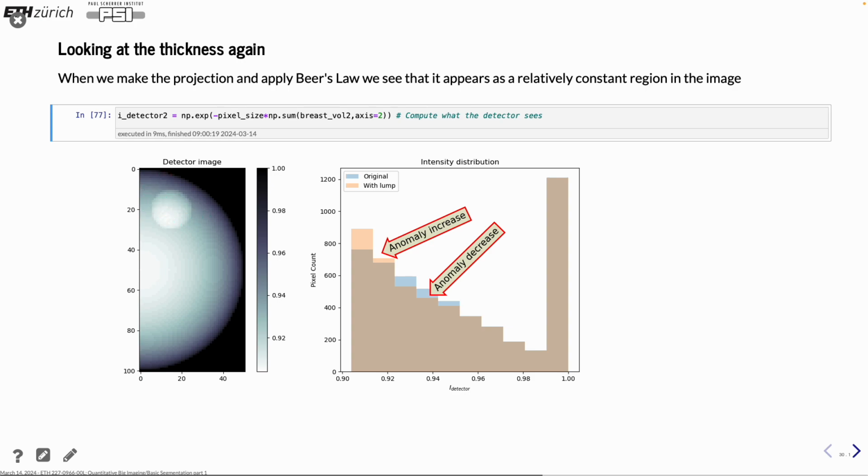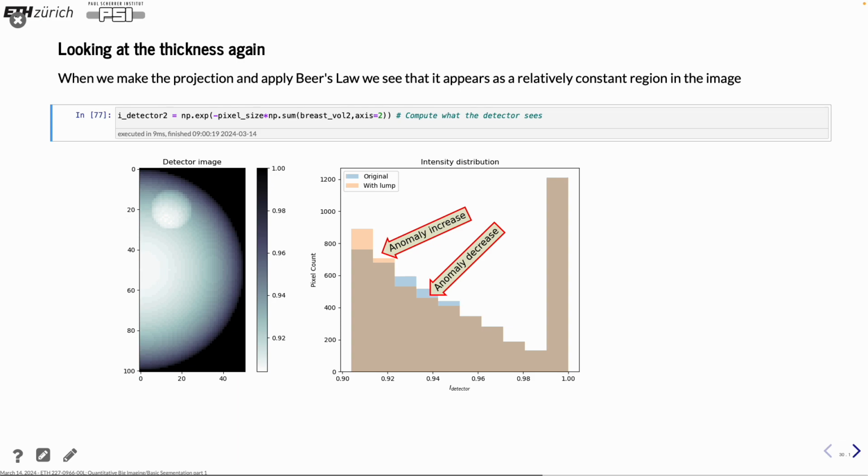And now the question is, what does this something actually correspond to? Because you can't say from this image if it is just a different thickness or if it has a different attenuation coefficient. You can see that, of course, there is a difference in the histograms between the original and the one with a lump, but still you can't say what it is.